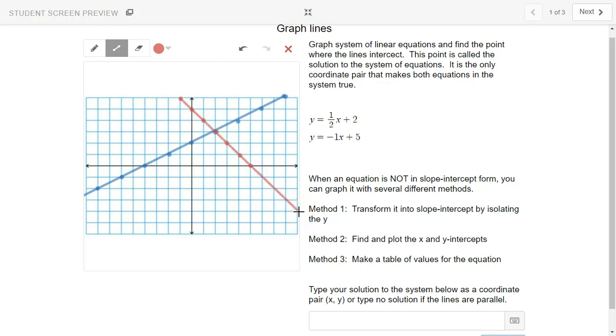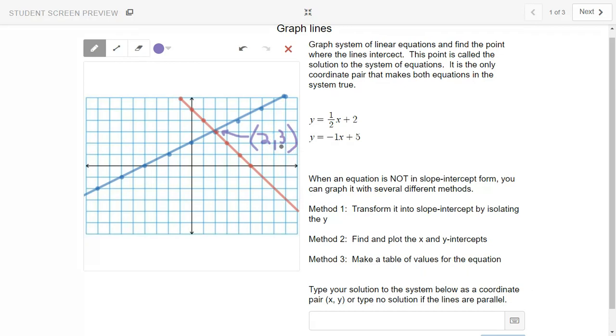Okay, now can you see where they cross? I hope you can. I've changed to purple, and they cross right there at that point, and that coordinate pair is over 2, up 3.